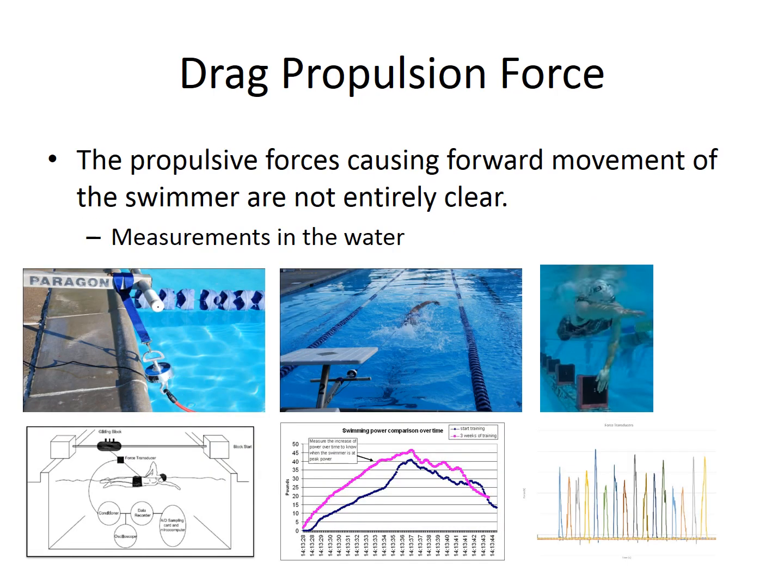Now we can measure drag propulsion force, which is the same thing we do when we're measuring drag resistance force, but now we're actually going to be focused on the propulsive aspect of this. I have the picture of the MAD system on the right, and that measures propulsive force directly. The other two pictures are force transducers that are put in tow lines that a swimmer will pull against.